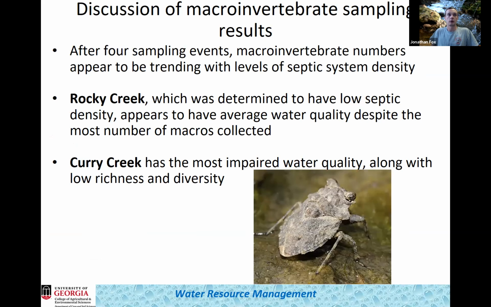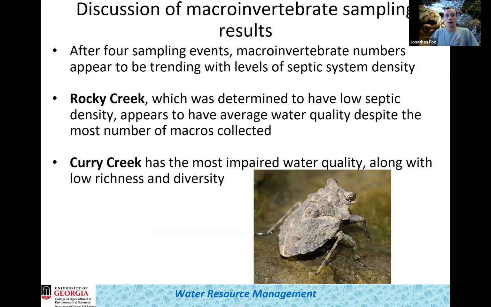So after 4 sampling events, the numbers seem to be trending with levels of septic system density. My sewer creeks and my wastewater treatment plant creeks were much nastier than my rural creeks that didn't really have anything near them. Now, Rocky Creek, which was determined to have low septic tank density, had pretty average water quality, but I would collect the most macroinvertebrates there.